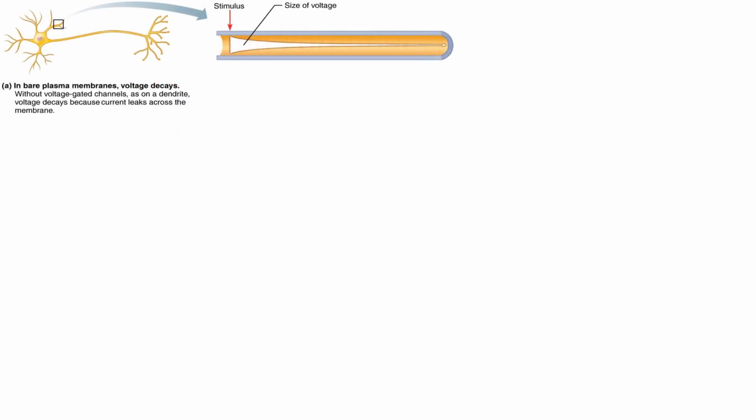Now, I wish this slide was a little better annotated, so I'm going to talk through some of this. If we are up in the dendrites or we are in the cell body, if you get a depolarizing or a hyperpolarizing stimulus, it doesn't matter which, you're getting a voltage change. Okay, that's depicted by the width of that white line there.